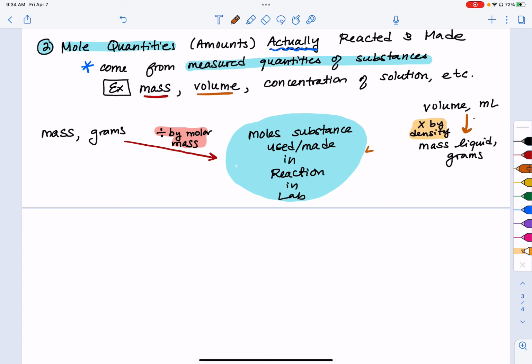And then once we have our mass of our liquid, we could put that into moles by again using molar mass, where we divide by our molar mass. So all I'm doing here is showing different ways that we can get our lab quantities and convert them into moles.